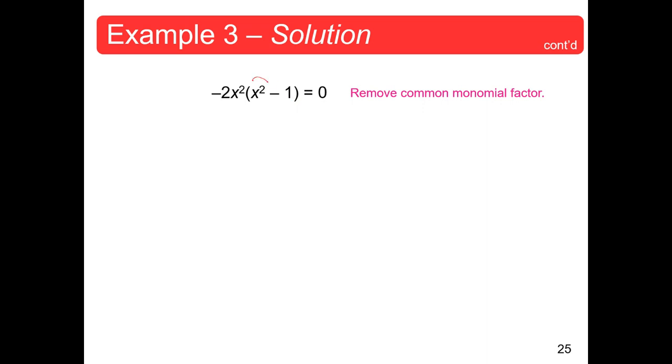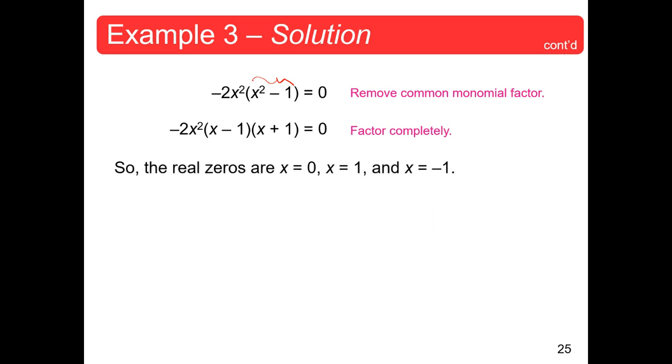You can factor this out further because it's a difference of squares, and when you do that, you get (x minus 1)(x plus 1). If you set each of those equal to 0, we have x equals 0, x equals 1, and x equals -1 for our zeros.